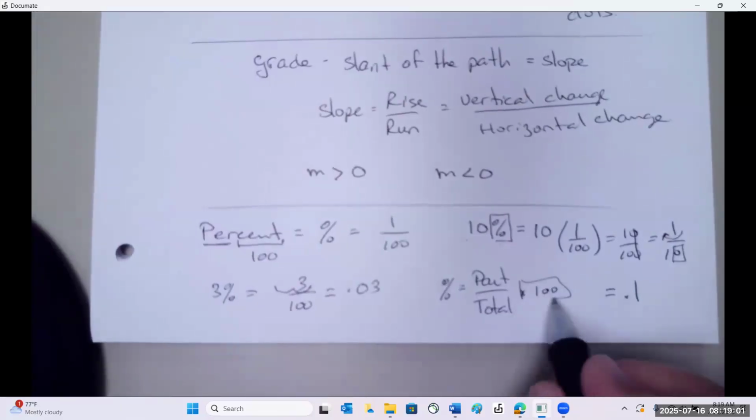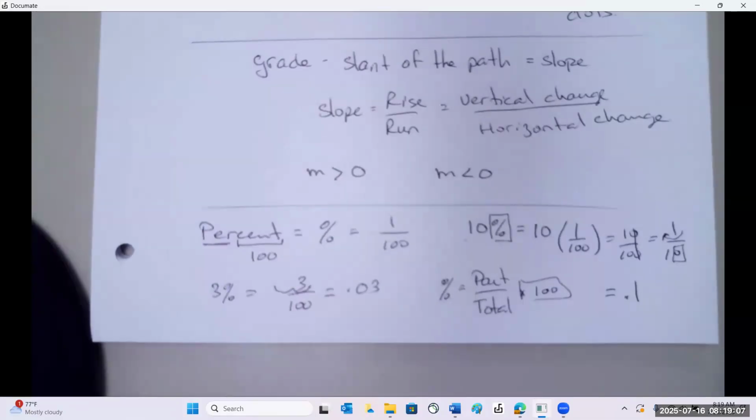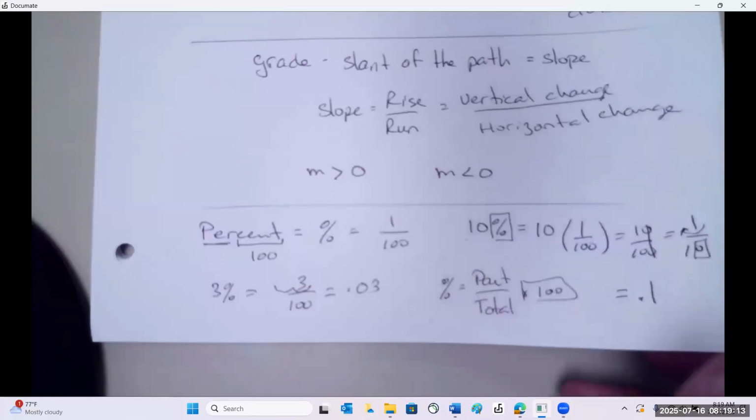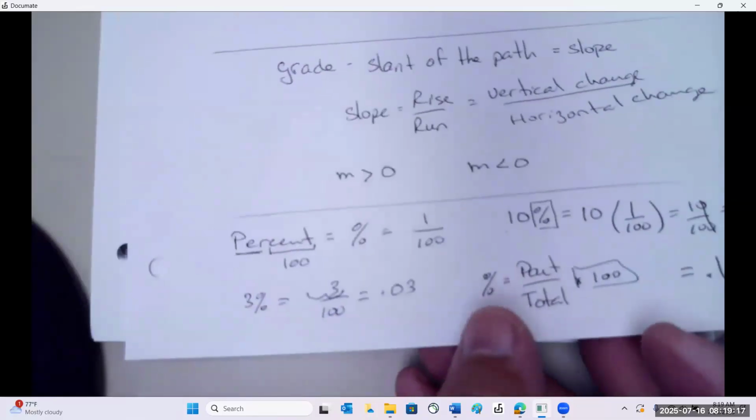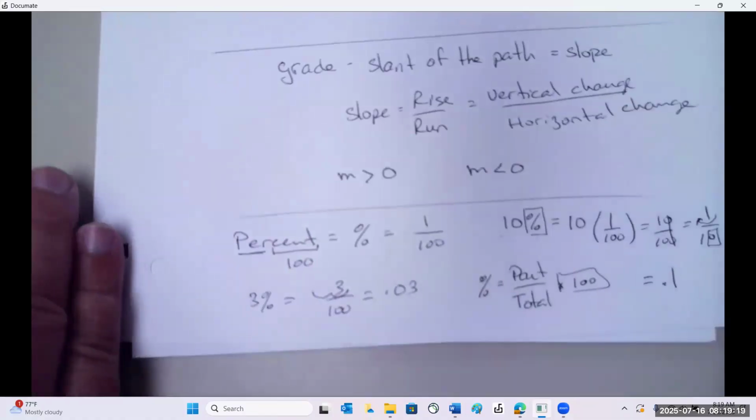You don't have to worry about this part, but it's always part over total. So it's like a slope. All right, so let's look back at our example here again.